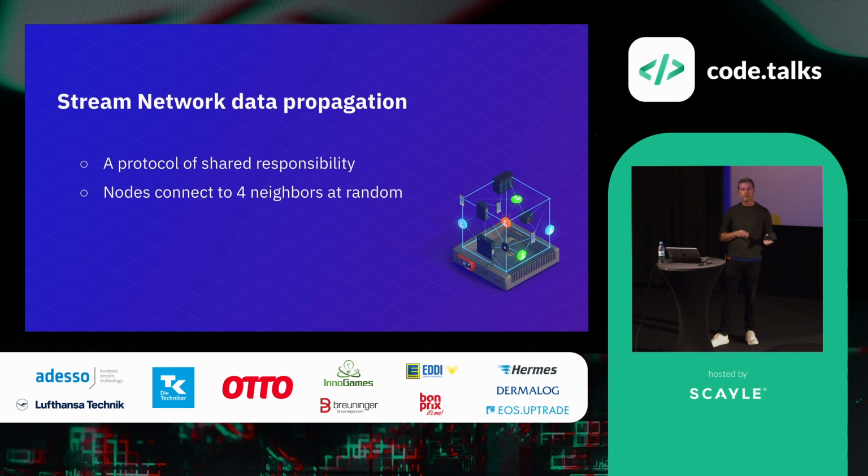With the Streamr protocol, what would happen is that this phone would connect to 4 people at random in the conference. Then those 4 people would share the data with 4 other people at random, and so on until all of the subscribers that are interested in that data receive that data stream. And this happens very fast, so we can scale to tens of thousands of subscribers very easily, and the latency stays under a third of a second.